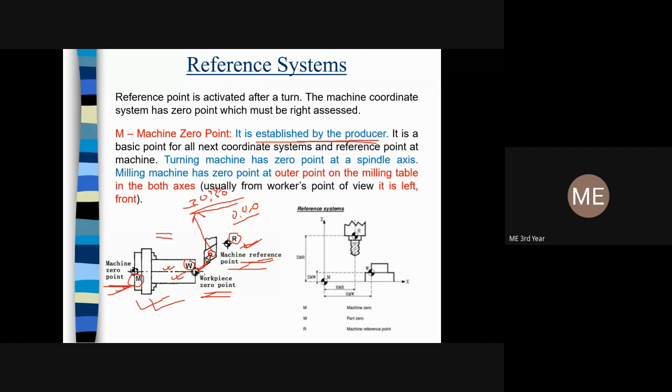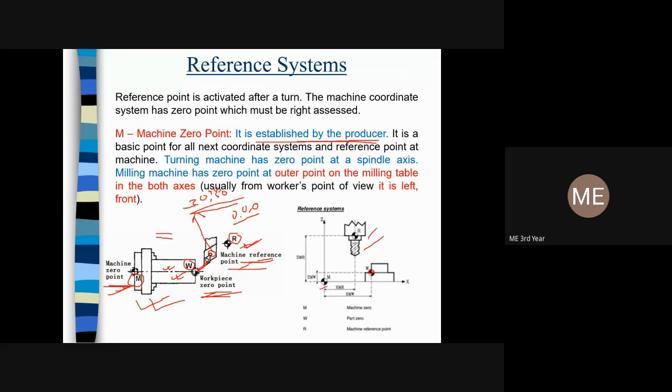Now, if we set the 0 point somewhere, on the basis of that we can also set the workpiece 0 point. This is the fundamental thing. Okay, reference systems. This is also the case in drilling. This is your workpiece reference point, which you will set, and somewhere far away from the workpiece is the machine 0 point, where 0, 0, 0 is set.